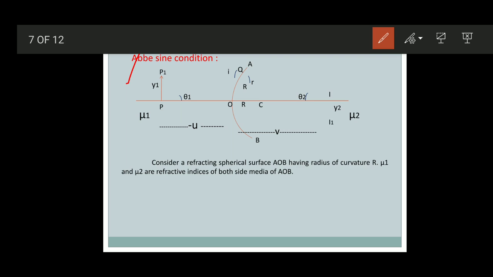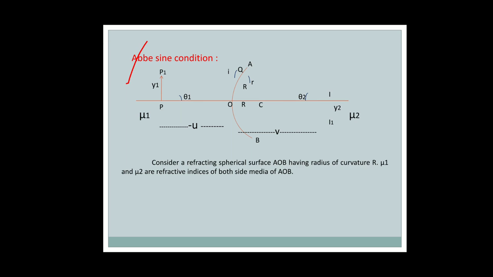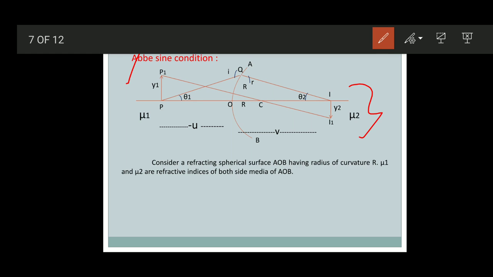If the rays passing from the object PP1 are incident on the curved surface AB and refracted, they form an image II1. The height of the image is taken as y2, where mu1 is the refractive index of the medium on the left side and mu2 is the refractive index of the medium on the right side.